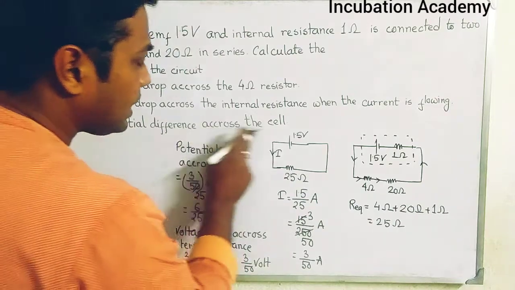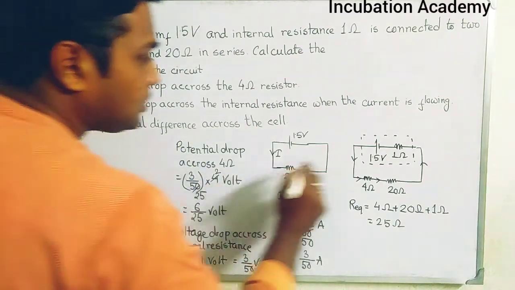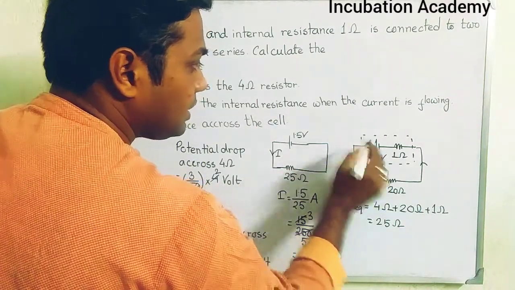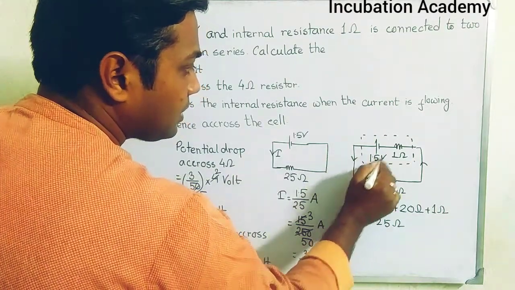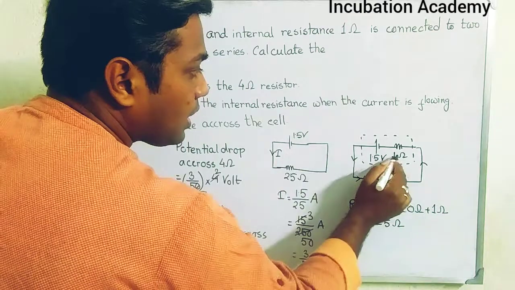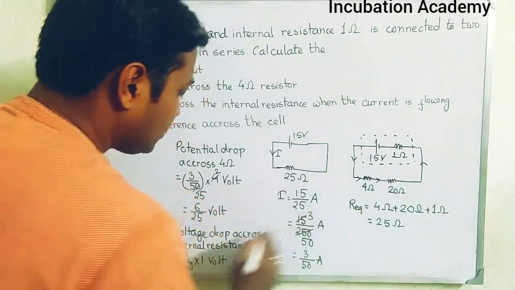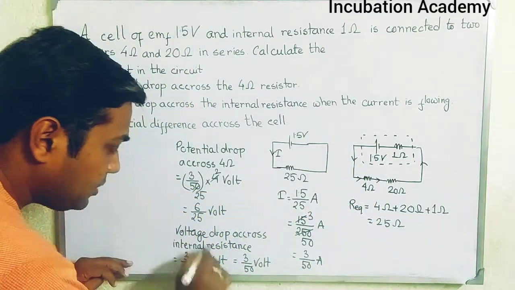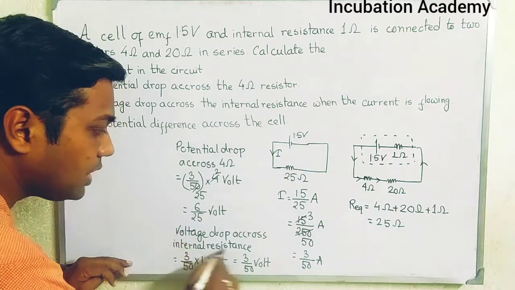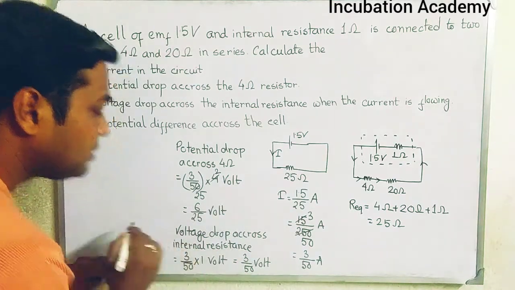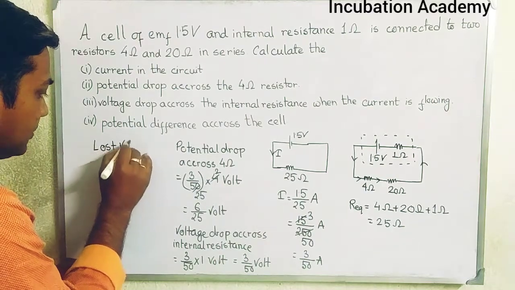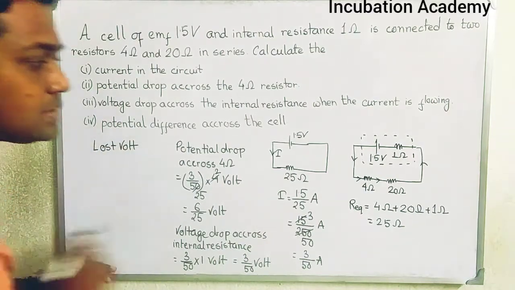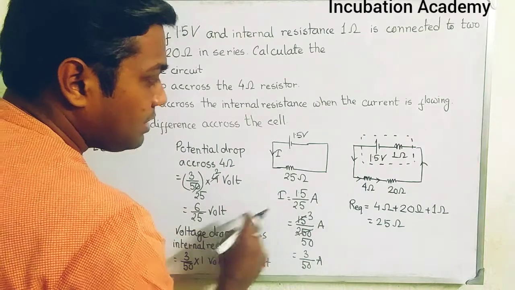Potential difference across the cell. Now if I want to find out the potential difference across the cell, 1.5 volt is the EMF, r is the internal resistance. The voltage drop across the internal resistance that I have calculated here is nothing but the lost volt. That amount of voltage is not available to us in the external circuit.